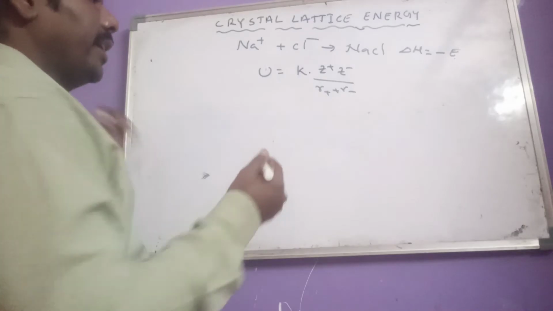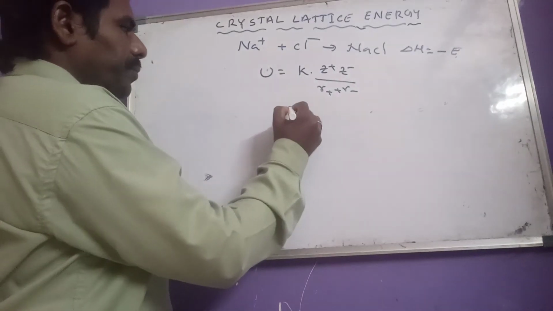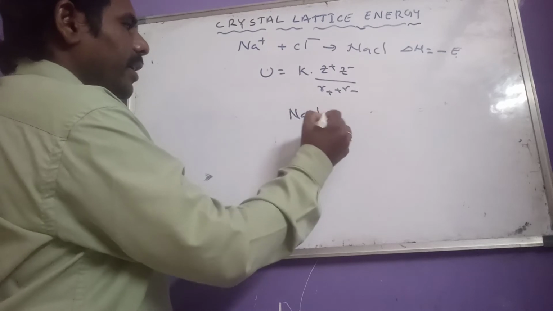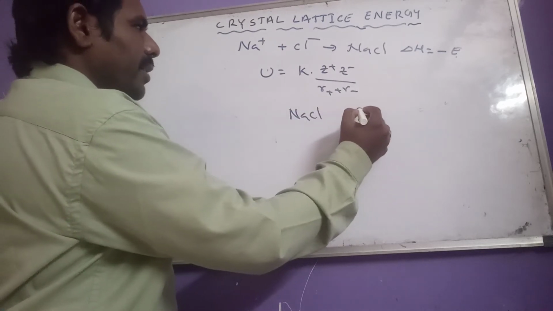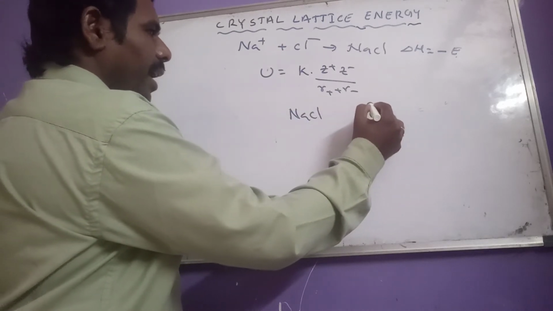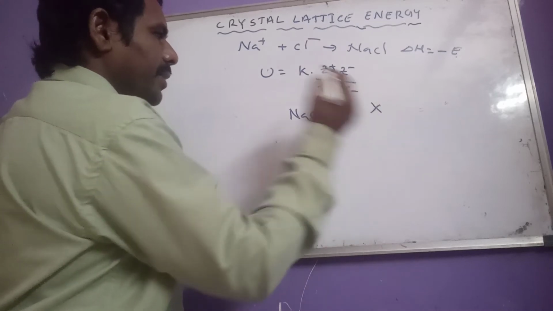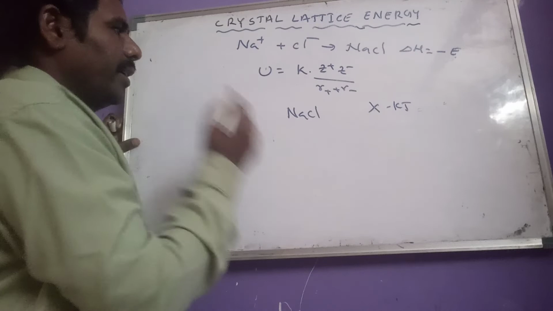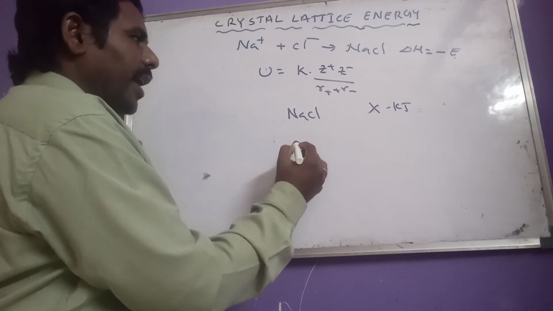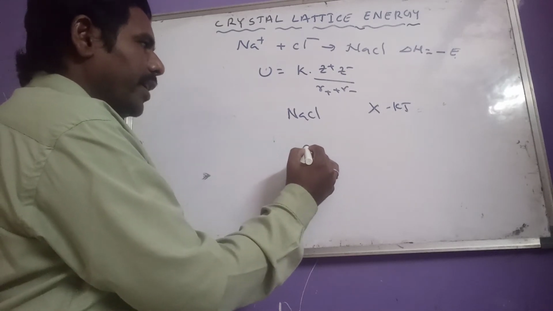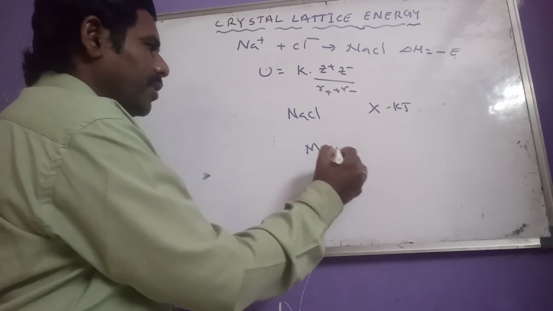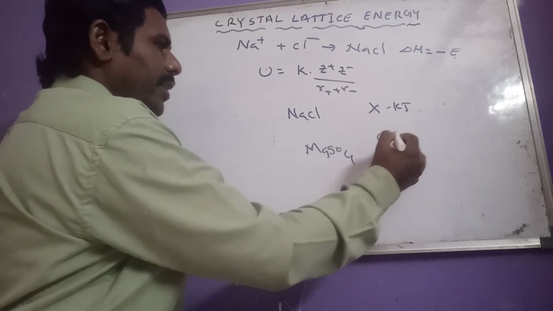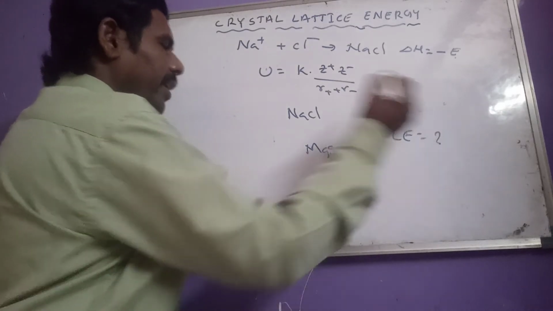Listen here. For example, the crystal lattice energy of NaCl is considered as X joules or X kilojoules. Then what is the crystal lattice energy of MgSO4?